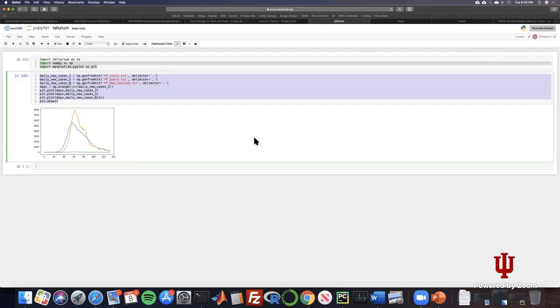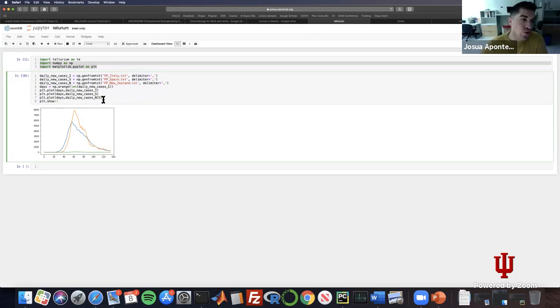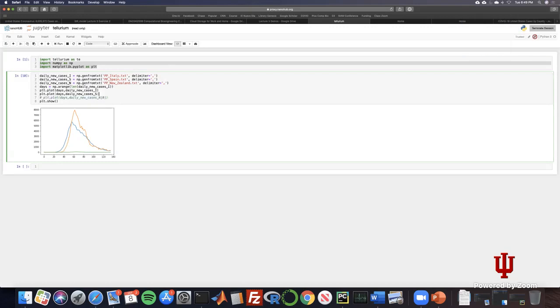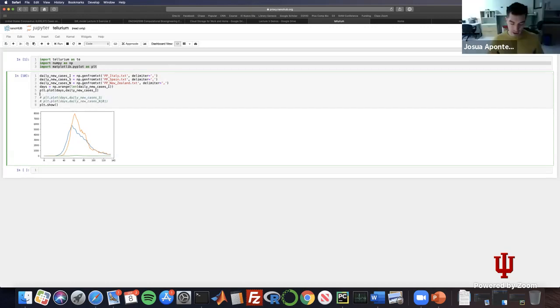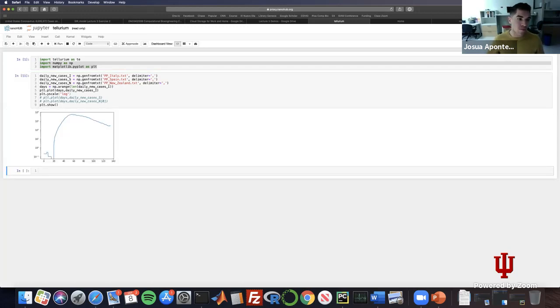Well, let me just. Oh, you also said you wanted to plot in semi-log scale, right? Yep. So to do that, that means that my Y scale is going to be log. So I can see now it's a little bit faster than exponential there.